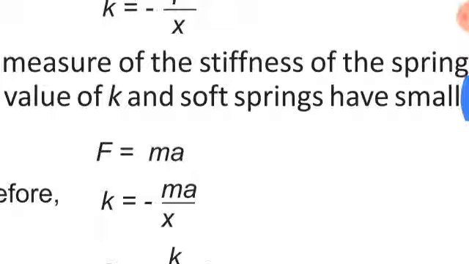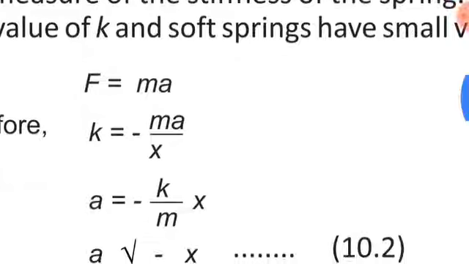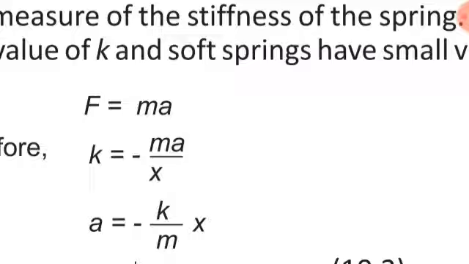Students, as I'm going to find the acceleration in simple harmonic motion, I will separate this: a equal to minus k over m into x. Students, k is the constant, and m is the mass which will not change, so it is also a constant.